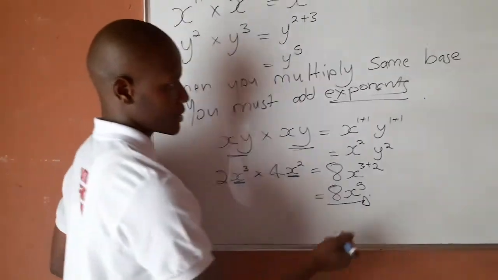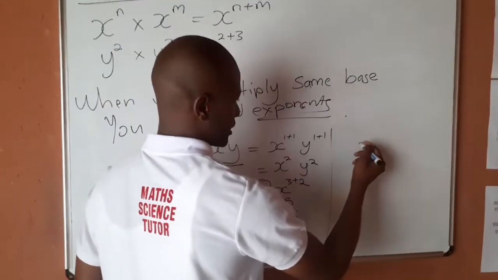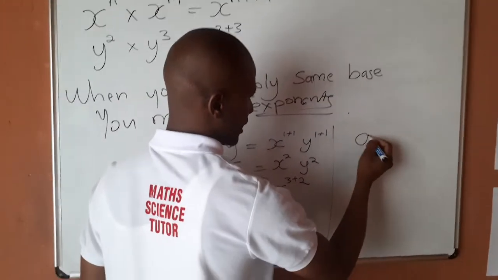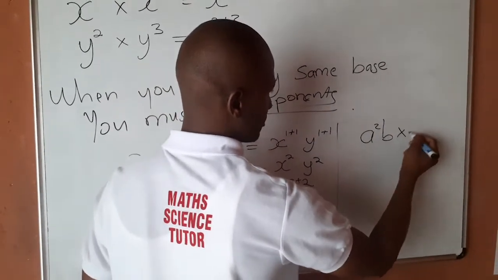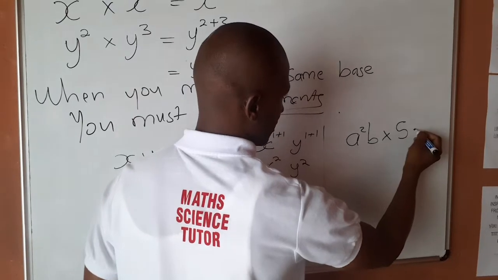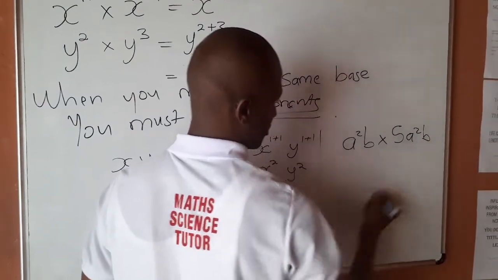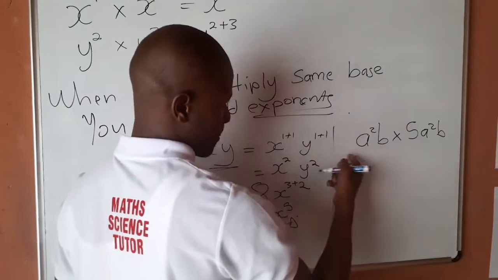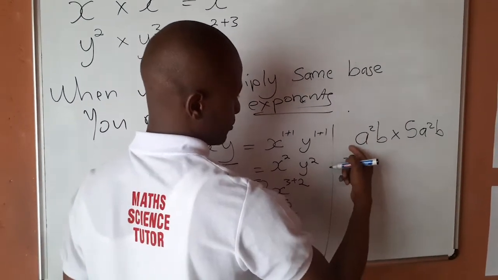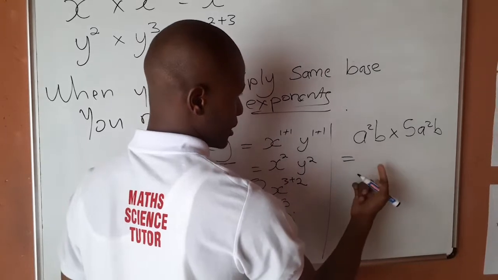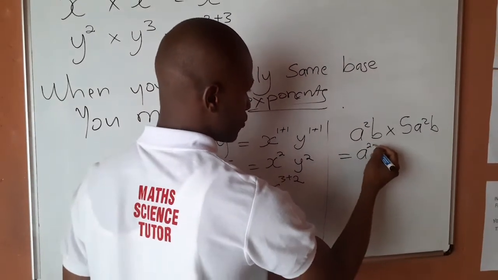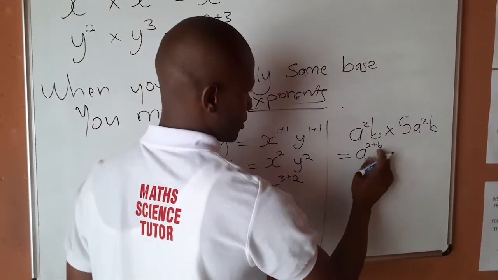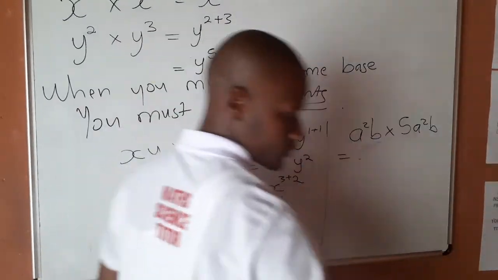Another example, guys. When we multiply, they can say multiply a squared b multiplied by 5a squared b. So it's going to be 5 times 1, because the coefficient is 1. No, sorry guys, I made a mistake.